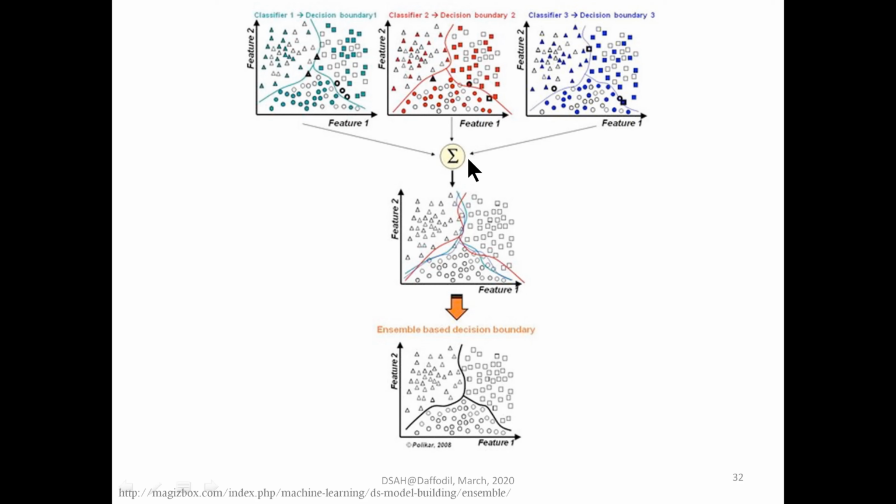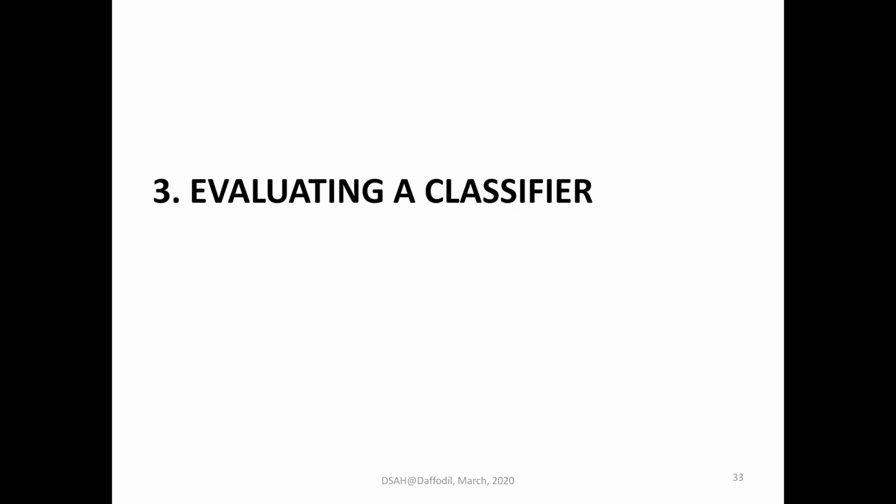We try to combine them. We have combined feature vectors and ultimately an ensemble-based decision boundary. You can see a very nicely separated decision boundary, which helps very strong classification, and we have more accurate classification and fewer problems.